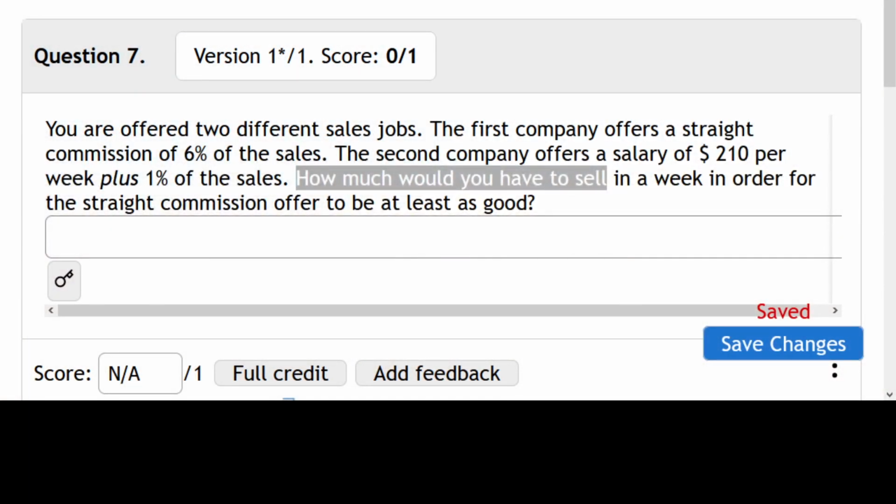And then the other part of that is that they're talking about how much money we're going to make. So we're talking about salaries here, right? So how much am I going to make? So that's going to be the other variable that I'm going to use, because I want to know what my total salary is per week so that I can compare those two jobs.